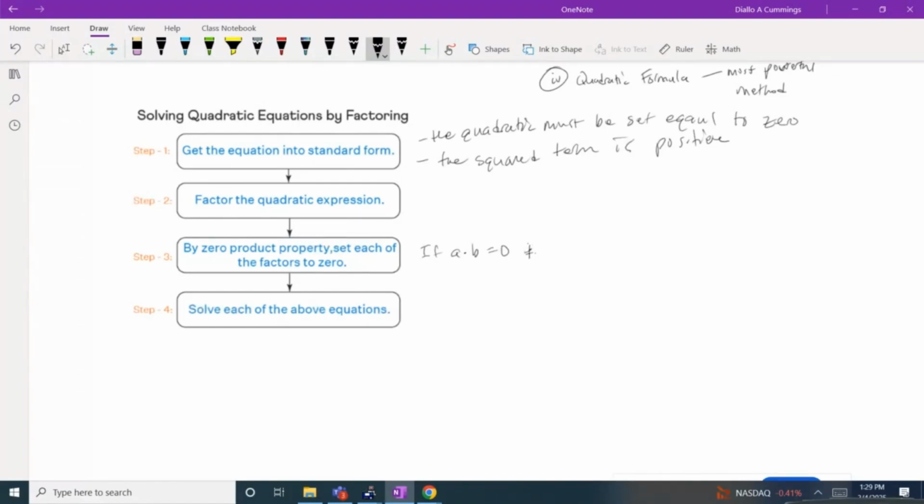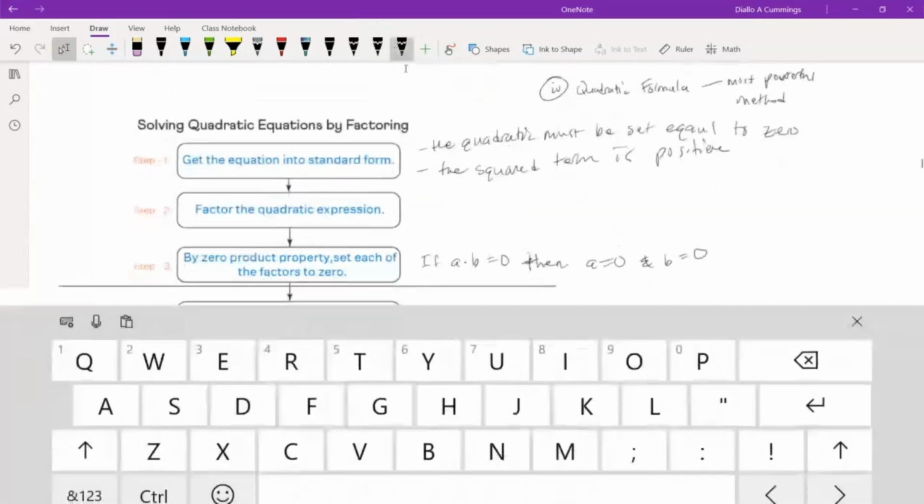So if A times B equals 0, then I can set A equal to 0 and B equal to 0. And then the last step says solve. All right, so let's take a look at an example.